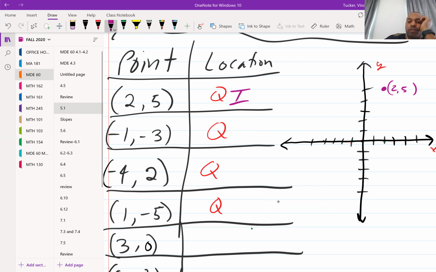For negative 1, negative 3, I go back to my origin, go to the left 1, down 3. And that puts me in quadrant 3. So 2 negative numbers or 2 negative moves put me in quadrant 3. For the third one, to the left 4, up 2.